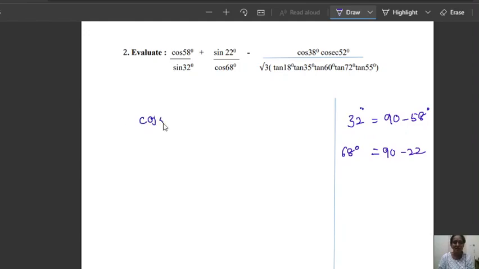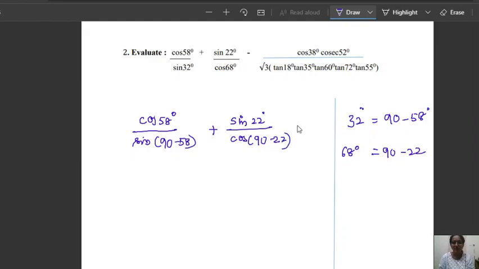cos 58 by sin 32. Why do we have to do like this? If the values are the same in the numerator and denominator, we can cancel and you can get the value as 1. Now when you write sin of (90 minus 58), it is cos 58, plus sin 22 degree divided by cos, instead of 68 let me write 90 minus 22.